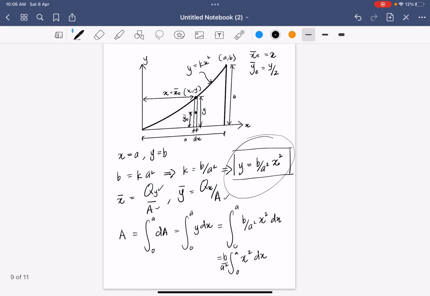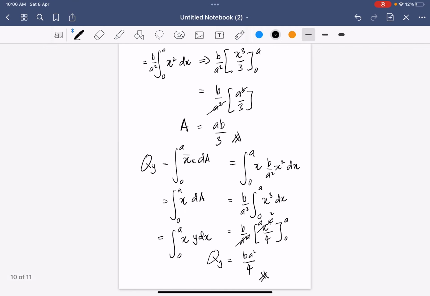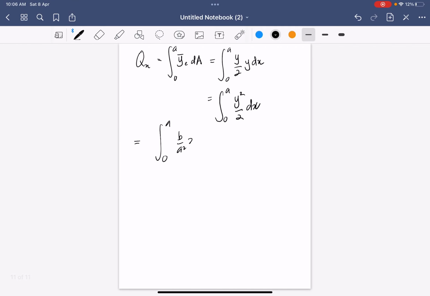By substituting that y, this becomes b over a squared x squared, all over 2, dx.